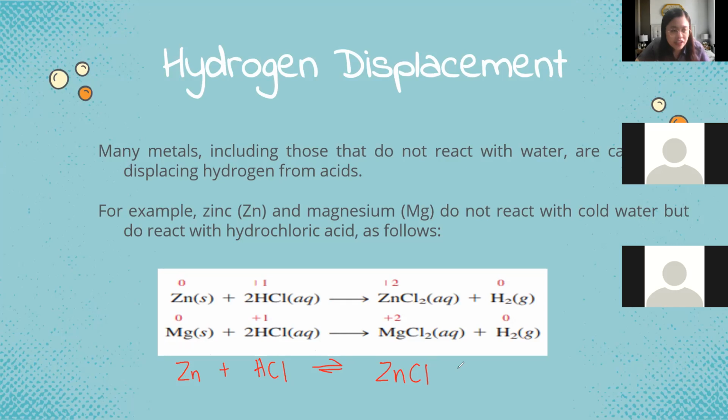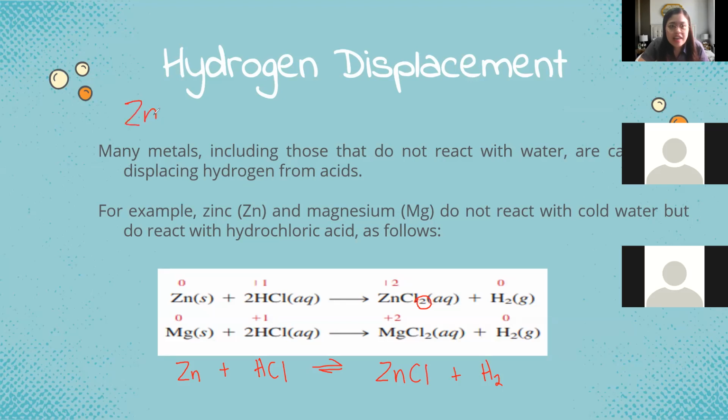Pagtabi muna natin yung ating symbols and then ma-display si hydrogen. But since as you can see in the screen, meron siyang subscript na 2, always class, always do this. Always check the charges of the elements so that you will have the correct chemical formula. You will know kung kailangan mo ba ng subscript or hindi.